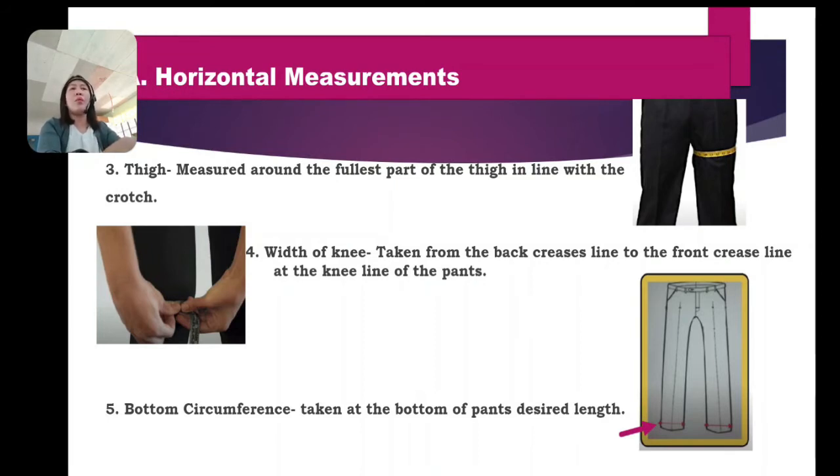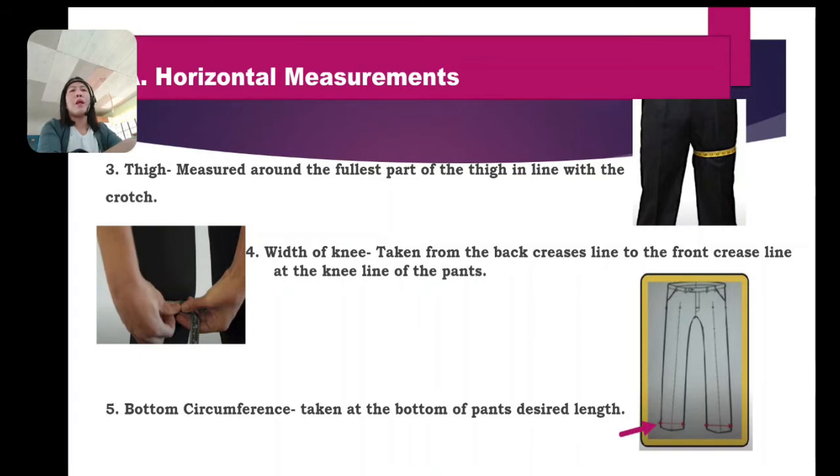And for number 4, width of knee or your knee measurements. It is taken from the back creases line to the front creases line at the knee line of the pants. Or you are going to measure around your knee circumference. So it is shown on the picture on how you're going to measure knee measurements.